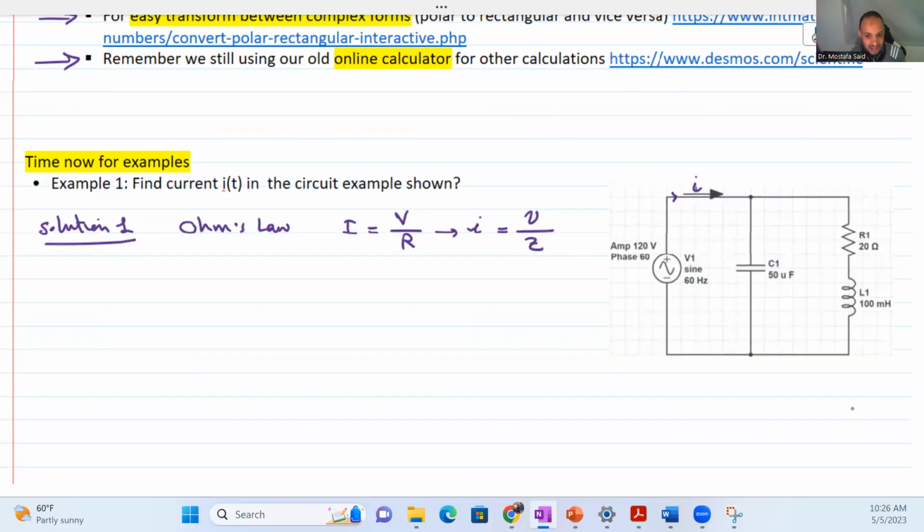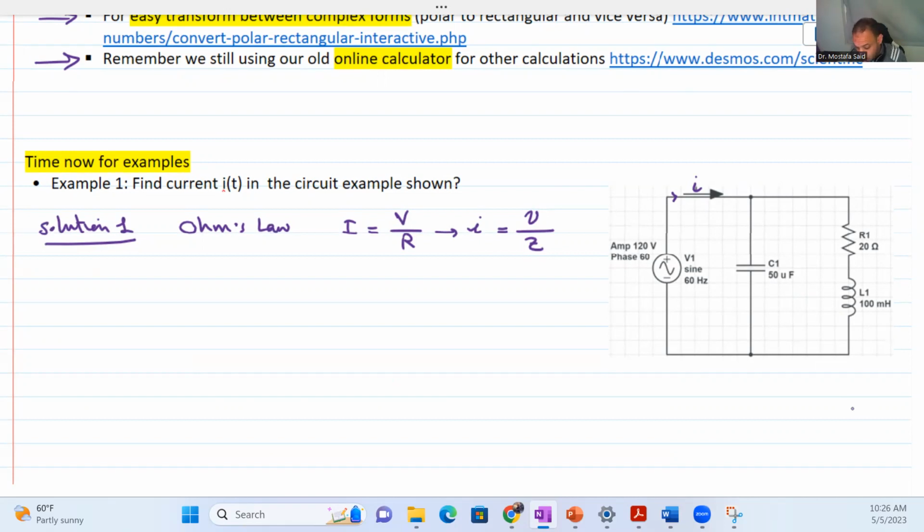We generalize everything here. So small letter i is just an AC current, small letter v is an AC voltage, and Z is a general impedance. It can be a resistance, it can be an inductor and resistance, inductor and capacitance, a combination of all of that. That's it. It's a generalization.